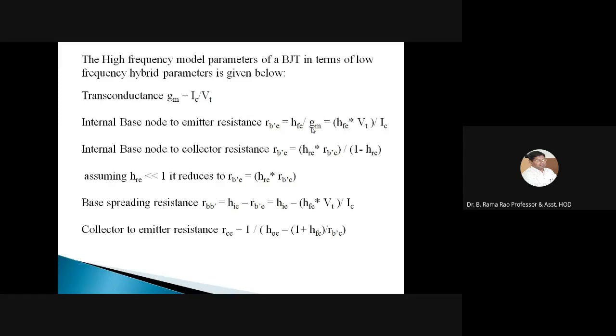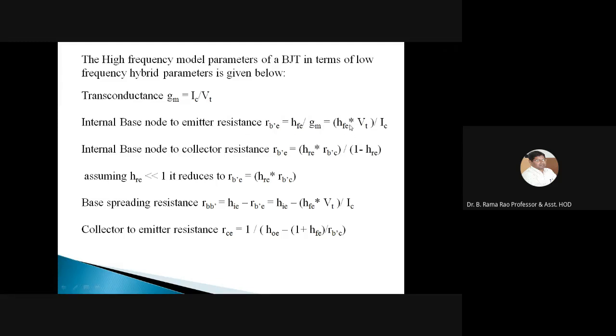Since GM is in the denominator, this becomes HFE into VT by IC.